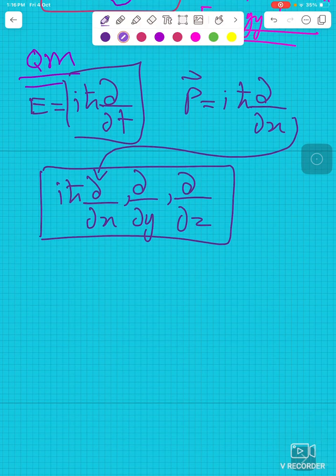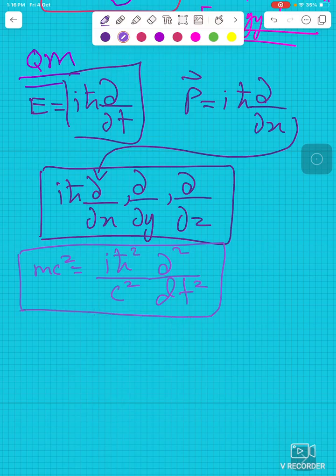And energy is mc square, equal to E over c square, or it becomes i h bar over c square d square over dt square.